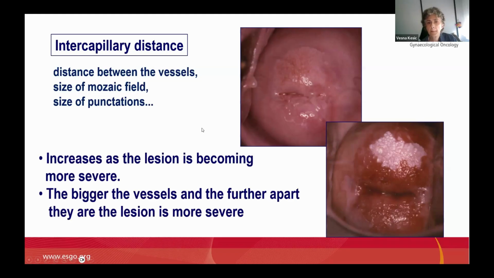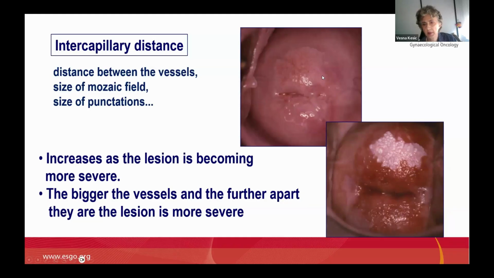So the larger the distance between the vessels, the larger the mosaic field, the bigger the punctations, the more they indicate a high-grade lesion. As the lesion becomes more severe, that distance increases, and the bigger the vessels are and the further apart, the more severe the lesion.